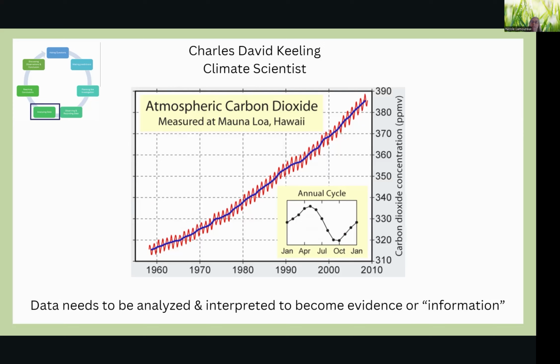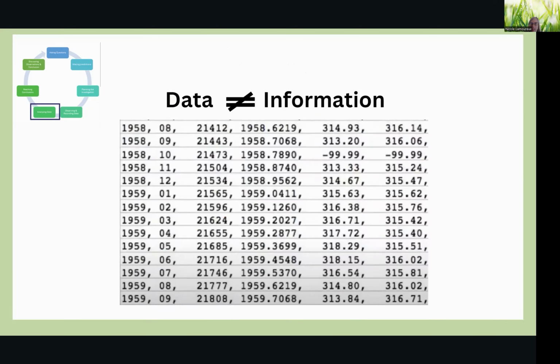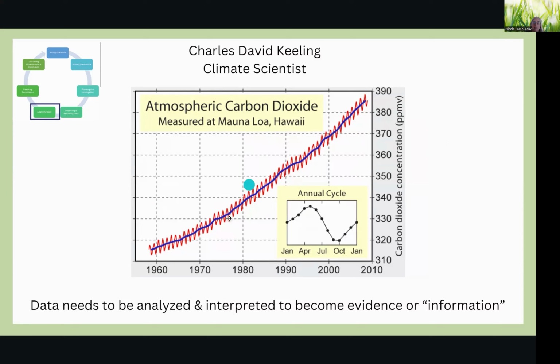So we get the meaning or evidence or the information from it, right? It's not information in this form, but a graph allows us to see, oh yes, these are the ups and downs or your annual cycles, but over a series of time, you can see patterns or trends when you analyze it, that the amount of carbon dioxide in the air is increasing.